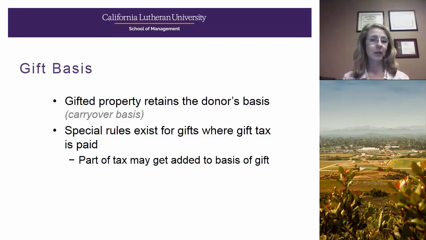Also remember that there are some special rules regarding generating a realized loss on the sale or disposition of gifted property. Refer to your textbook for the details. They are complicated. And know that when a taxpayer disposes of gifted property, you have to be very careful if that is resulting in a loss.